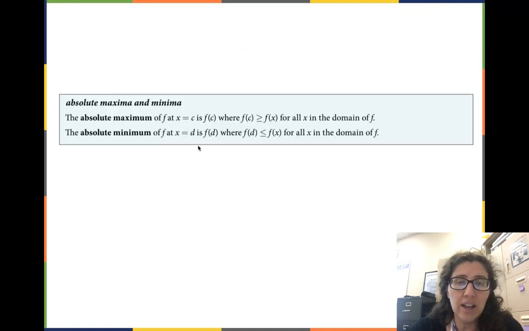So we can define that the absolute maximum of f at x equals c is f of c, right? So the value of the function at c, where f of c is greater than or equal to f of x for all x in the domain. And the absolute minimum could happen at a point x equals d, and the value would be f of d, where f of d is less than or equal to f of x for all x in the domain of f.